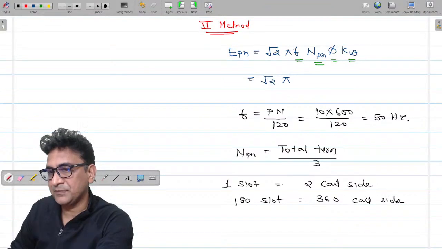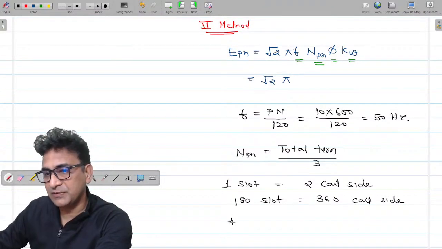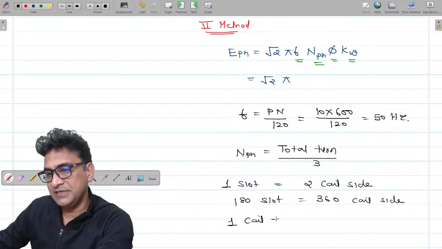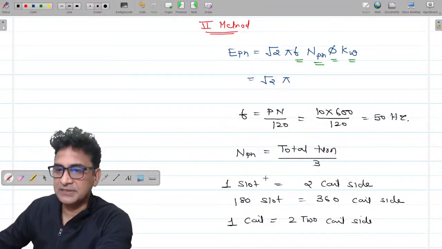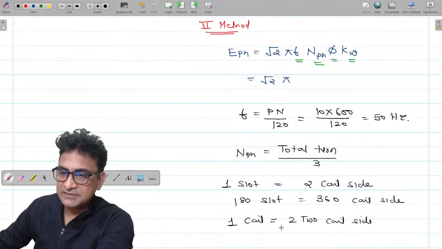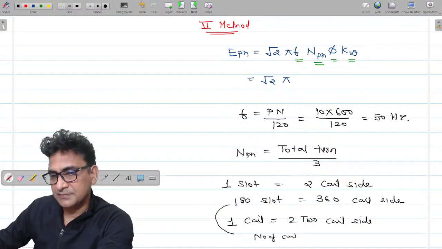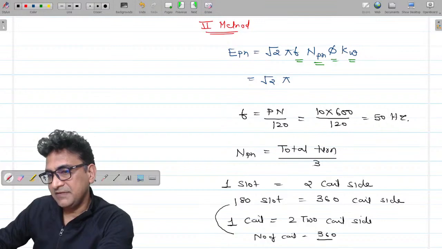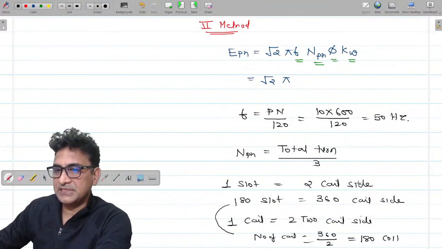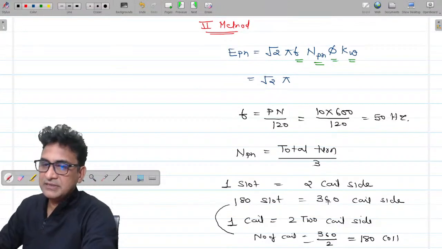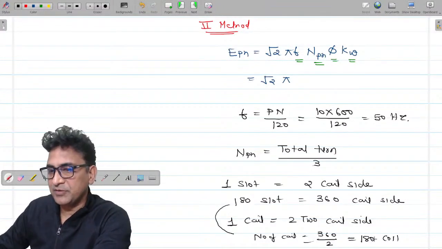We know one coil is made from two coil sides. So 360 coil sides means the number of coils is 360 divided by 2. So my alternator has a total of 180 coils. Because in the machine we are using 360 coil sides and one coil has two coil sides, the total number of coils becomes 180.